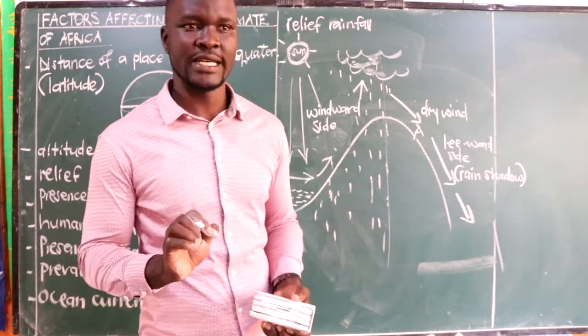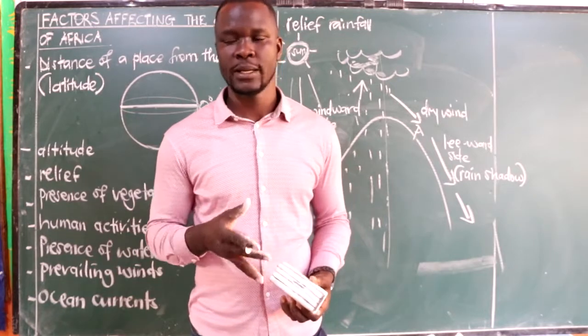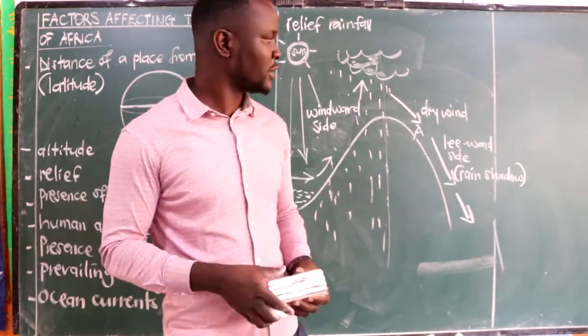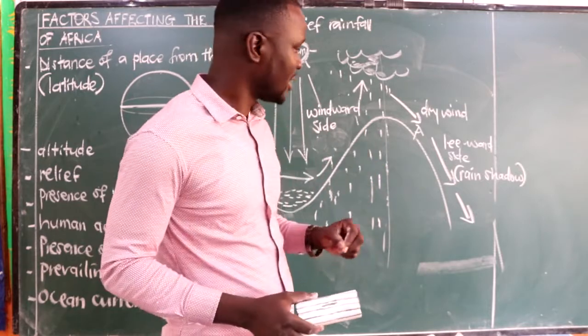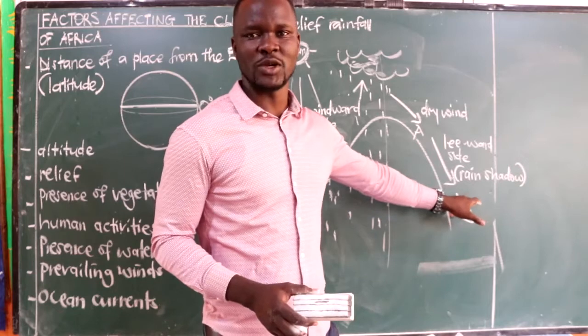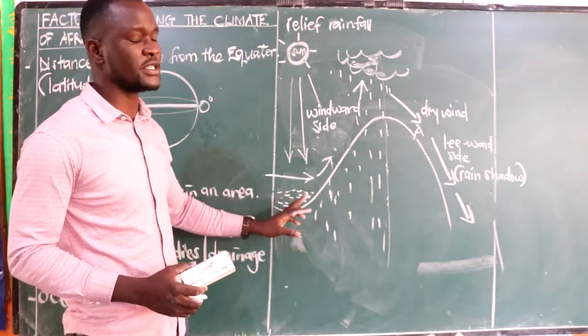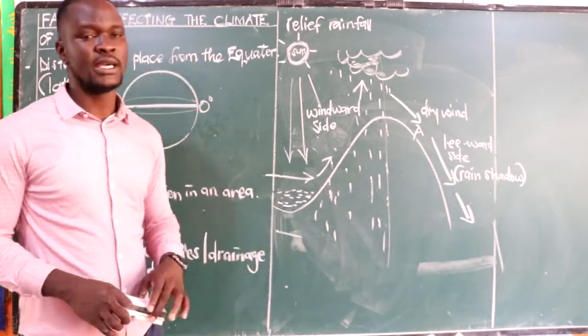Remember, we said irrigation is the artificial supply of water to drier areas, which means water is to be supplied to a dry area, meaning that it is the dry area which is good for irrigation. We can't have irrigation in an area which already receives rainfall. So we need to be aware of that.